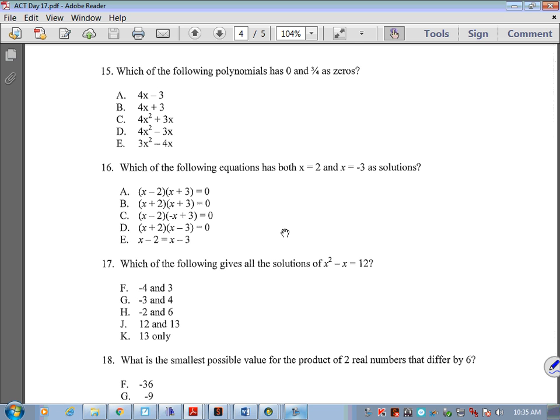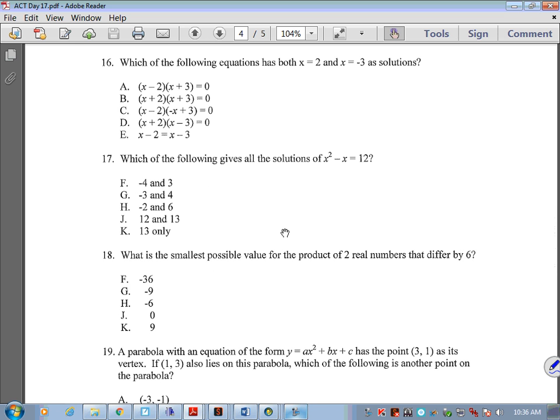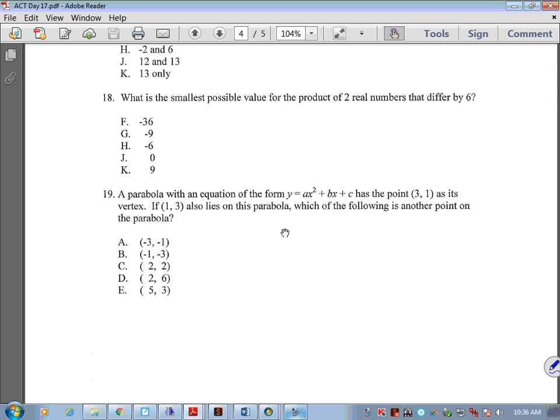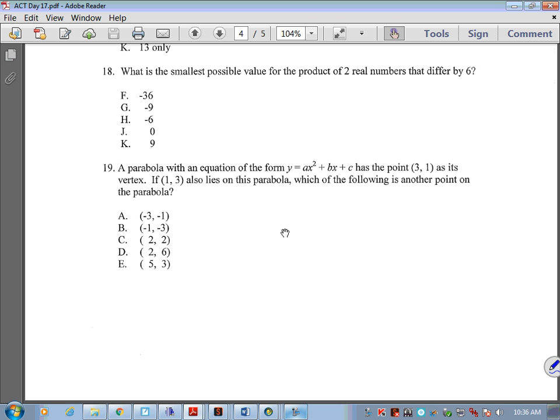Number 17, G, -3 and 4. 18, G, -9. 19 is E, 5, 3.